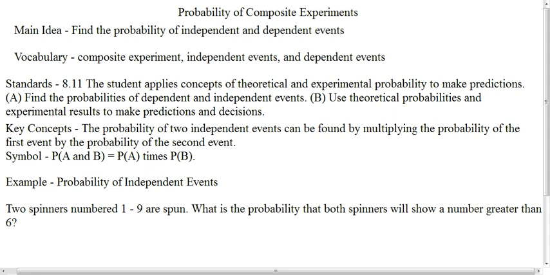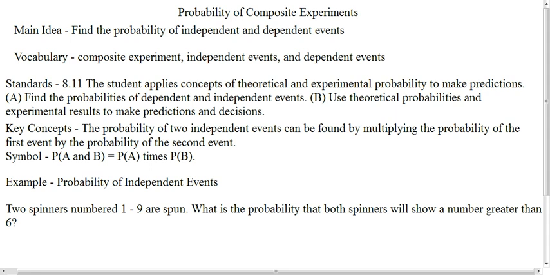The key concept here is that the probability of two independent events can be found by multiplying the probability of the first event by the probability of the second event.